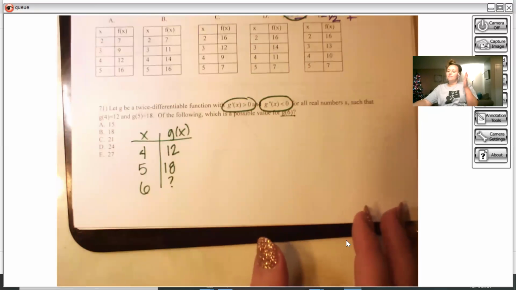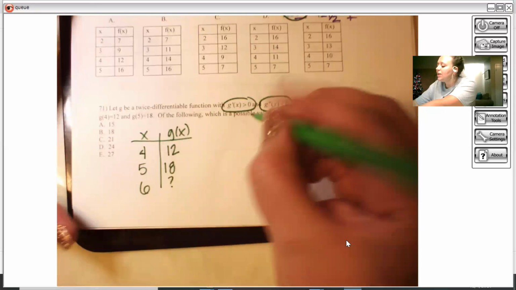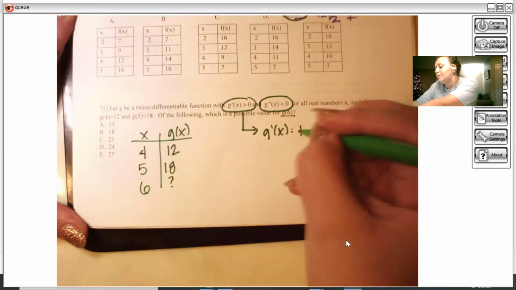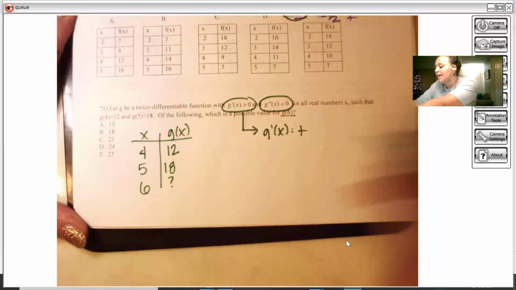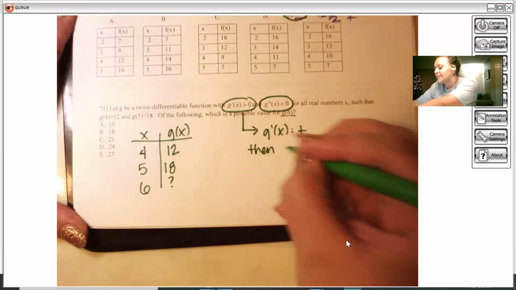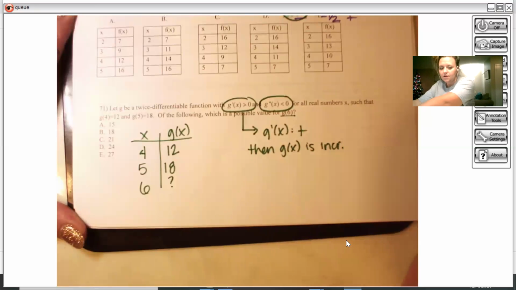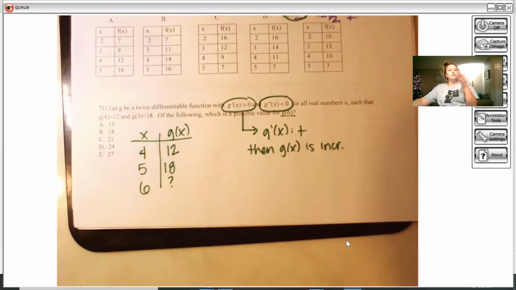Let's break this down for a second. If G prime is greater than 0, that means G prime is positive, so G of x is increasing. Remember, G prime is in charge of the slope. So if G prime is positive, I have a positive slope, my function is increasing.